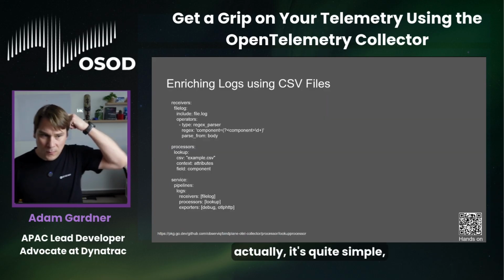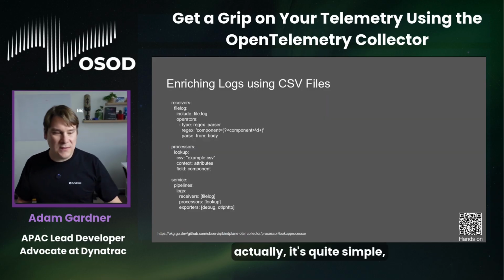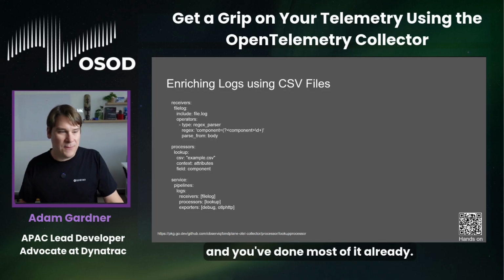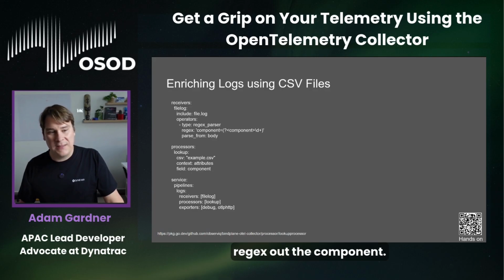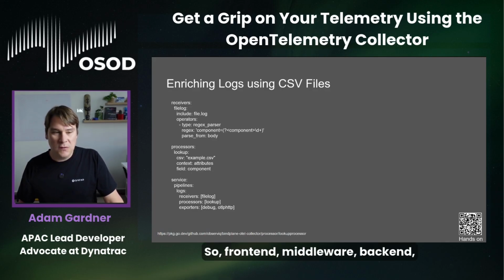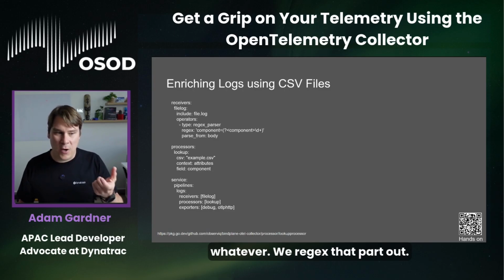How? Well, actually, it's quite simple, and you've done most of it already. First, we do what we did before. We use the regex parser to regex out the component. So front end, middleware, back end, whatever, we regex that part out.